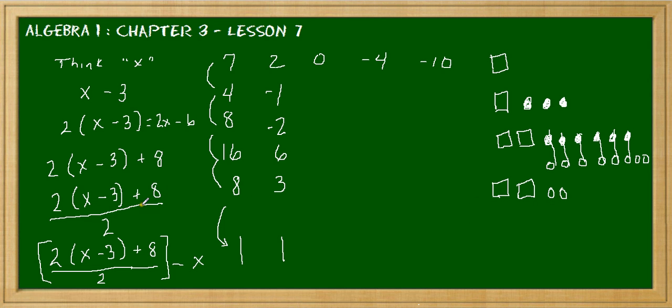Now you might say, but Mr. Cartagena, that looks nothing like this over here. Well, if we were to simplify this process, right, and were to distribute, and in this case, we would have just taken this expression here and we would have added 8, right? Because this is 2x minus 6 plus 8. Well, when we add the negative 6 and the positive 8, it would have given us positive 2.